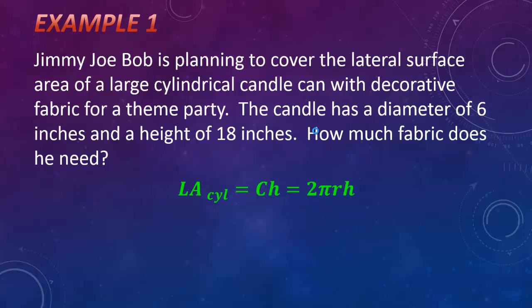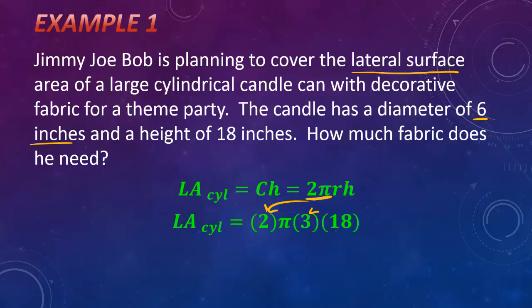All right. So now keep in mind, he's just trying to cover the lateral surface area. So read these problems carefully, please. All right, so we're going to do 2 times pi. That's pretty common, that's standard right there, so we're going to keep that. The 3, if you didn't know where we got that, that's the 6 inches, but that's the diameter they give you.